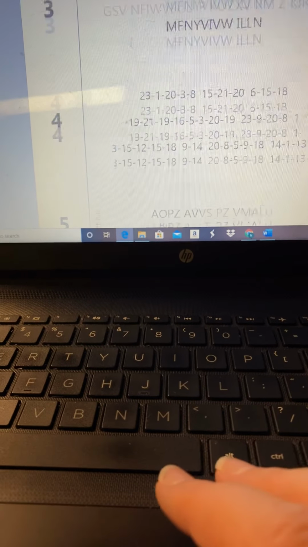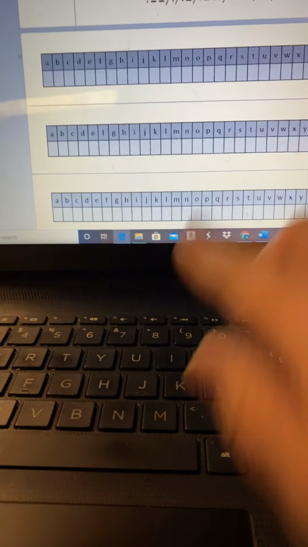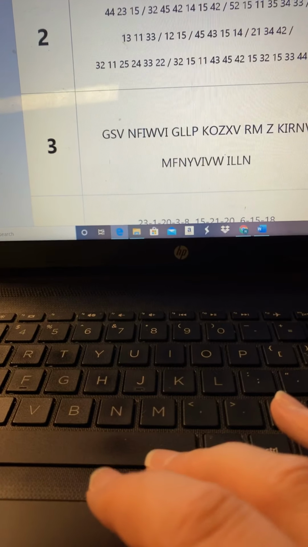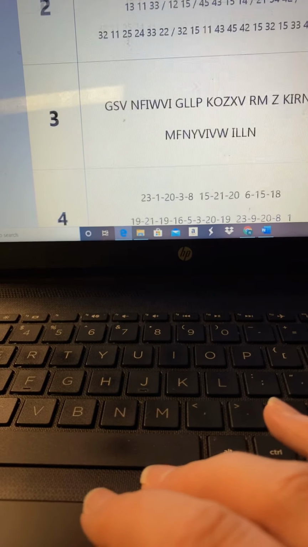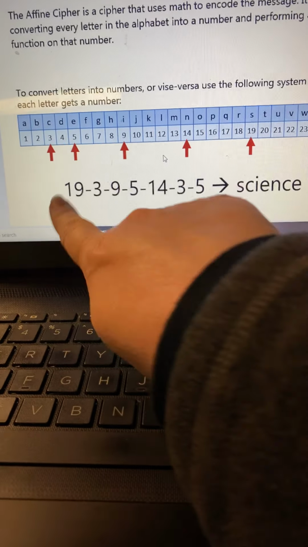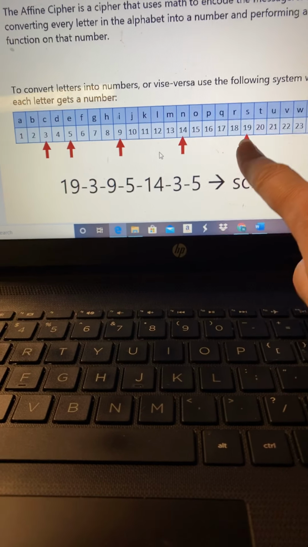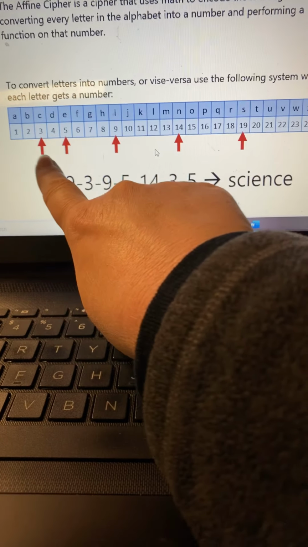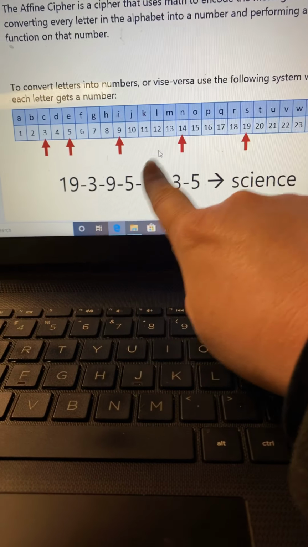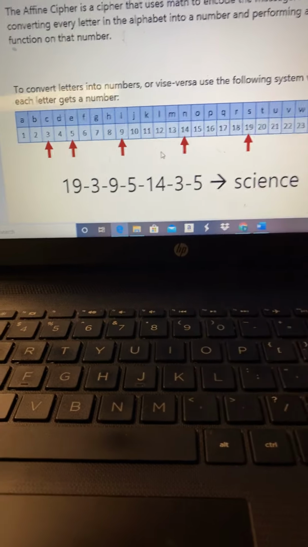So again, you can use this little ABC chart, count 1 through 26, and then figure out your first word. Okay. The example they give here is 19, 3, 9, 5, 14, 3, 5, which spells out science.